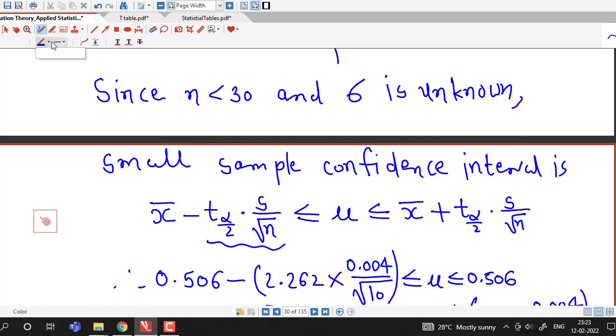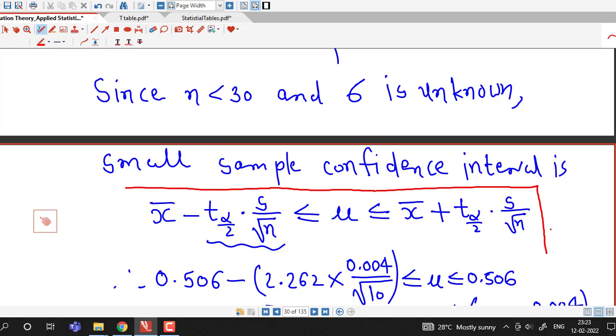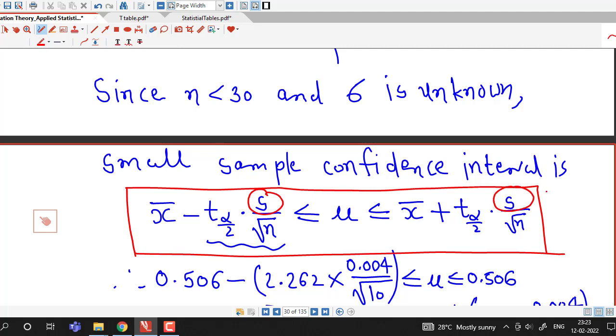You just have to remember this formula, x bar plus or minus t alpha by 2 s over square root of n. For large samples we are using sigma here, the population standard deviation, if it is known to us. If it is unknown, then we are using sample standard deviation for large samples also. But for large samples we are using standard normal distribution instead of t distribution.